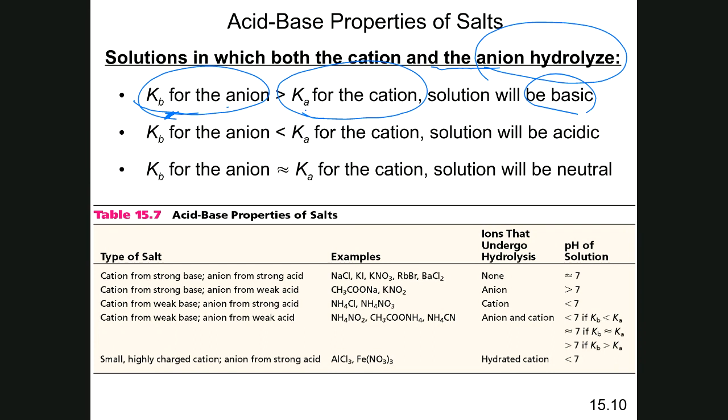It has some memorization involved. Basically, that would be the magic. There's really nothing else we can do, but it also makes sense. If it's coming from a strong base and a weak acid, the solution is going to be basic. If it's coming from a strong acid and a weak base, then the salt solution is going to be acidic.